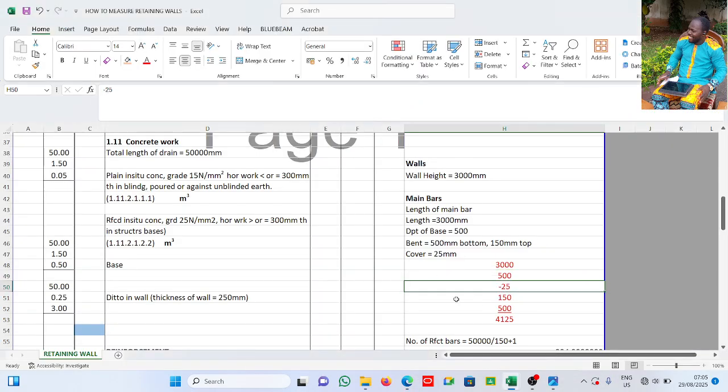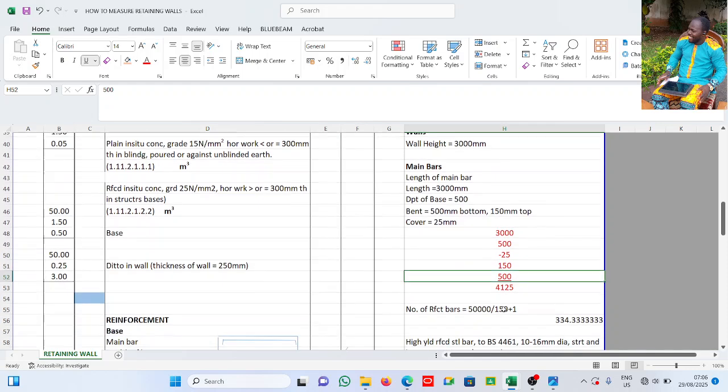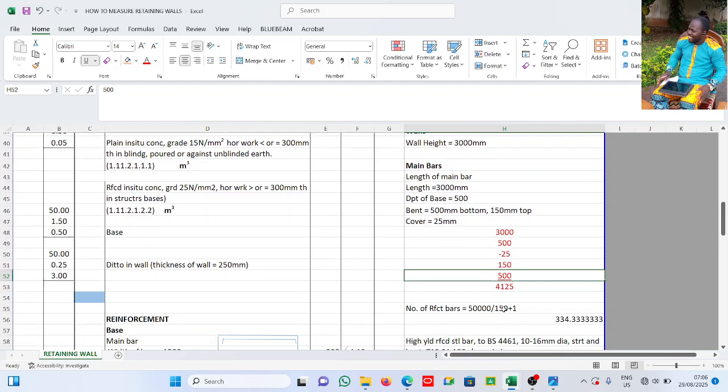Let's cover. Add bent at the top, add bent at the bottom. It is not finished. I didn't finish, because I used the complete base of 500. I need to bring this one down here. I need to remove this.